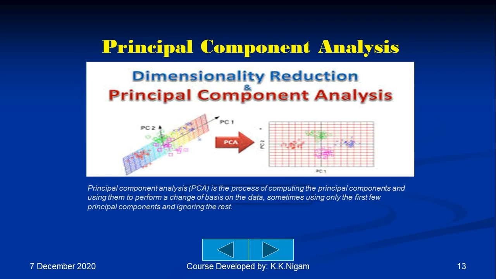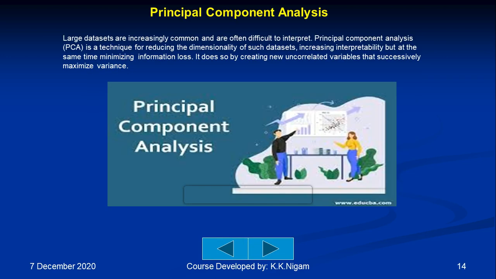Now let's try and understand principal component analysis. Principal component analysis is the process of computing the principal components and using them to perform a change of basis on the data, sometimes using only the first few principal components and ignoring the rest. Now it depends on the situation, how you want to take it.